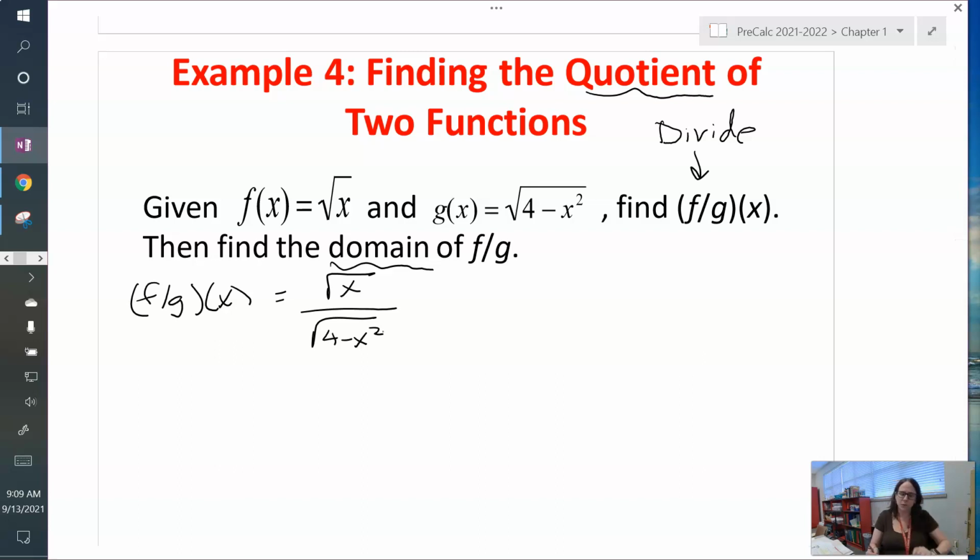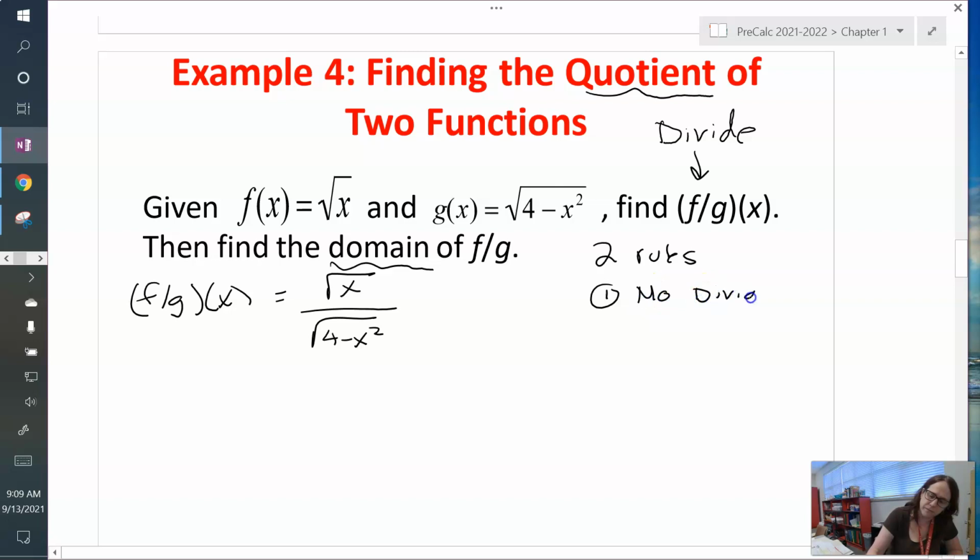Remember the two rules for domain. We have no dividing by 0, and we have no even roots of negative numbers.